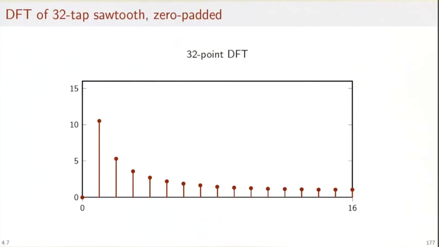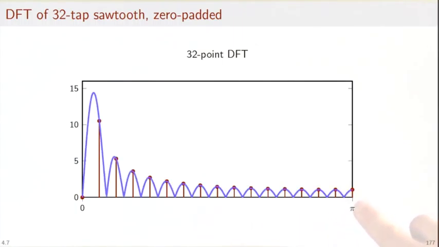Guess what? We take the 32-tap sawtooth sequence, zero-padded, so the 32-point DFT we are familiar with, of course. Here is 1/2 of this 32-point DFT. And then we have the DTFT of the finite support signal in blue. And we simply sample it.